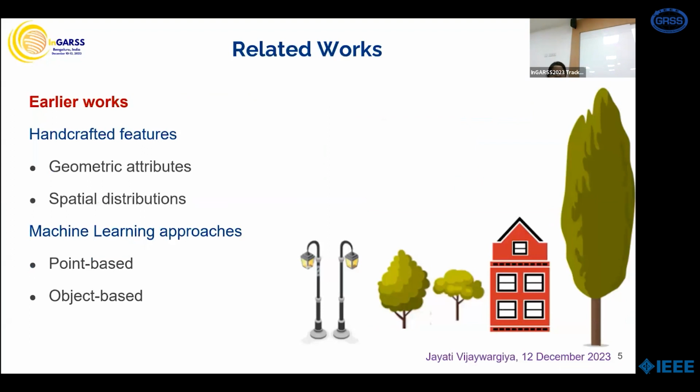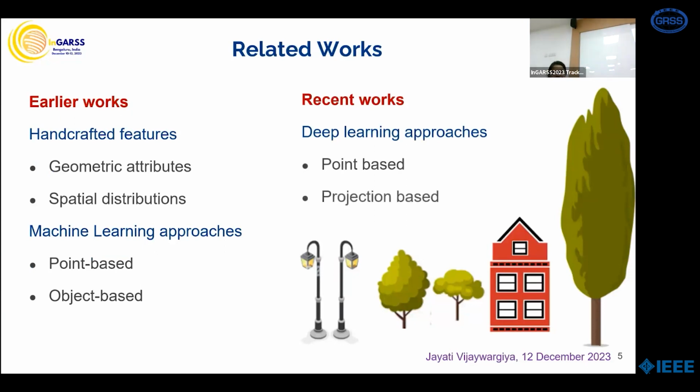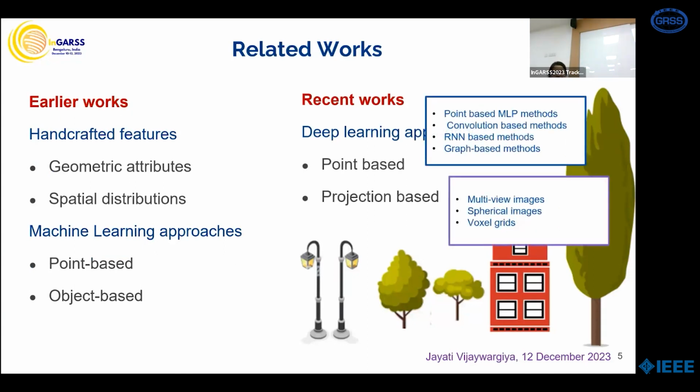In this domain of semantic segmentation, many people have worked previously. They have utilized handcrafted geometric or spatial distribution features with machine learning approaches for point-based and object-based classification. And in recent times, deep learning approaches, point-based or projection-based, are very prominent.